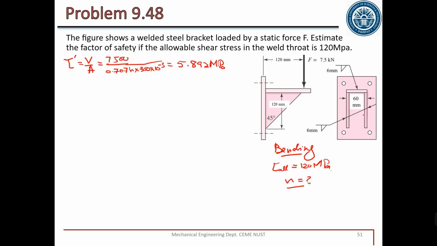In that figure, the vertical column is given as D and 60 mm is B. So 60 mm is B and 120 mm is D.